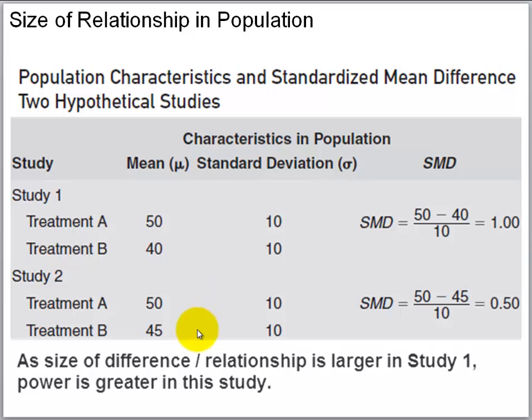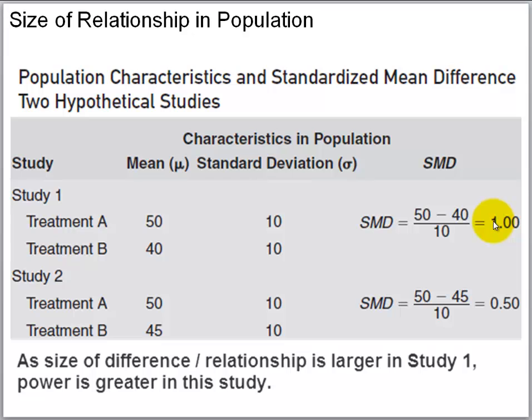So now things are the same in study 2's population, with the exception that the difference between the means is 5 points rather than 10. 50 versus 45, the standard deviations are 10, so let's calculate the size of the difference or the relationship in study 2, and it computes to 0.5 standard deviations.